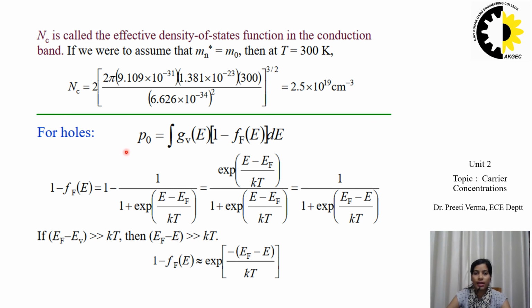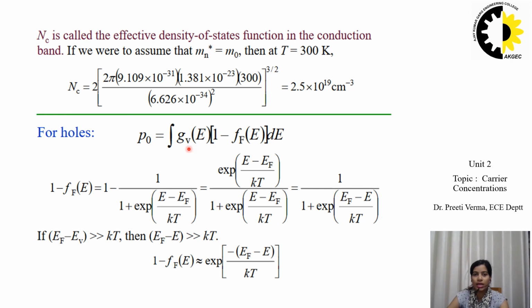Similarly, we can find the concentration of holes also, with the difference that in finding the concentration of electrons, we multiplied the density of states GCE with the probability of finding an electron in those states. Now we want to calculate the concentration of holes.